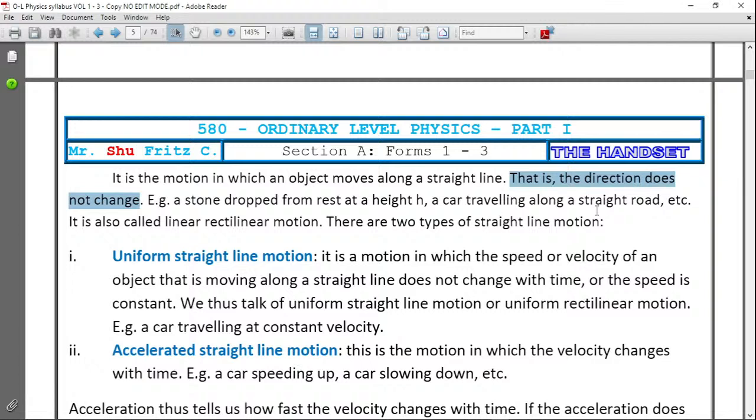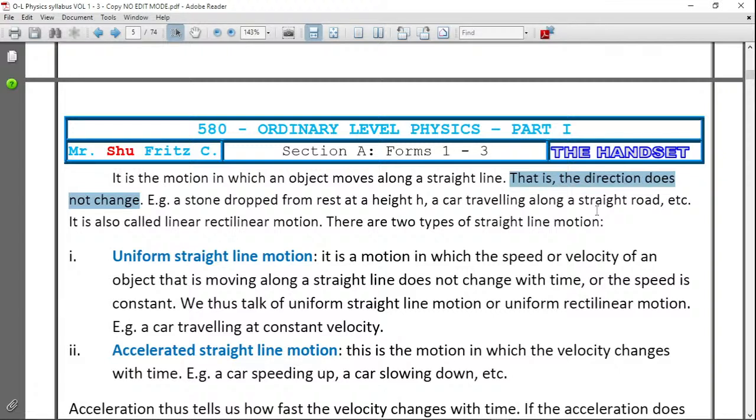And with a motion in a straight line, it can be further divided into two. You have uniform straight line motion and accelerated straight line motion.